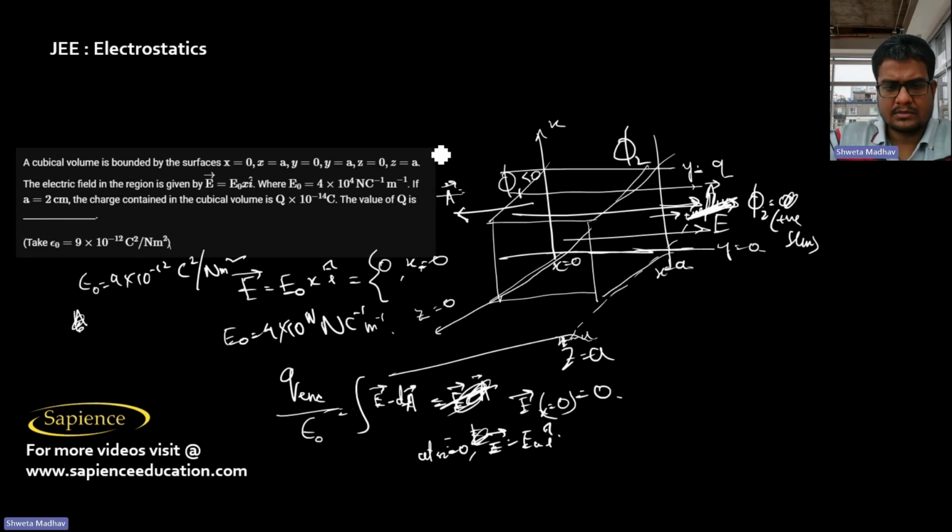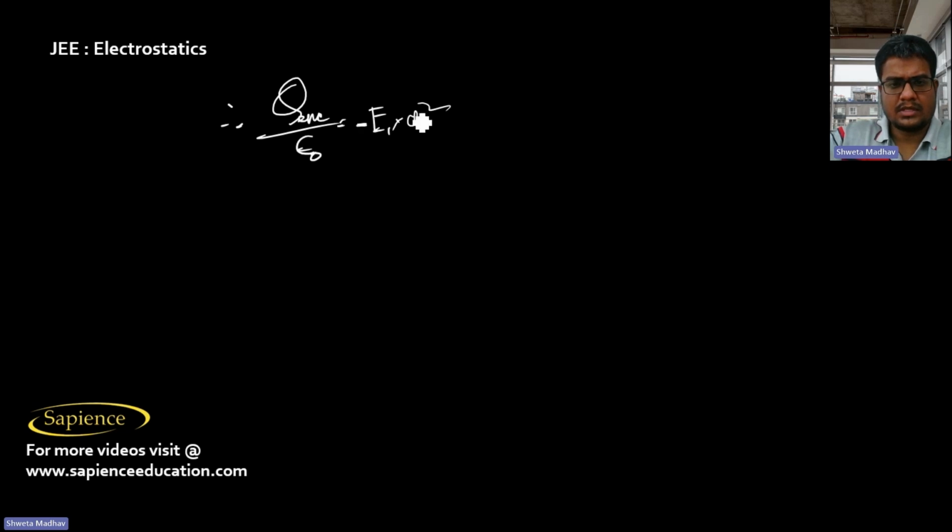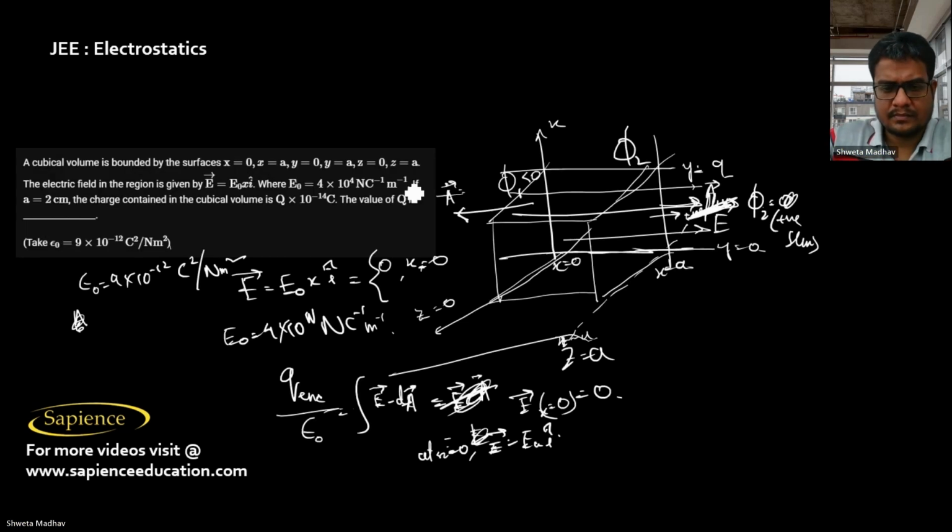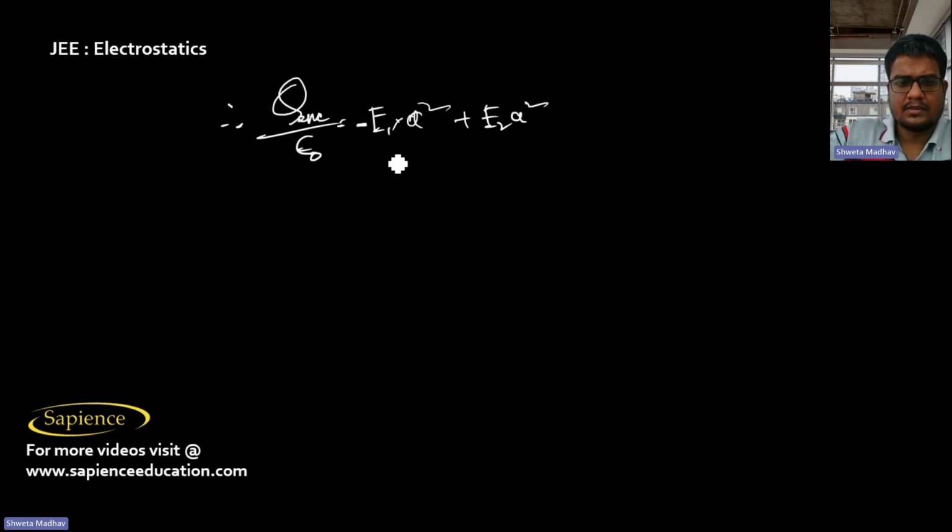Electric field is towards the left, so this will be minus E1 A square, and here it will be plus E2 A square. The electric field at x equals 0 is 0, and at x equals a, that is E a, so E a into A square is equal to E a cube, E naught A cube.